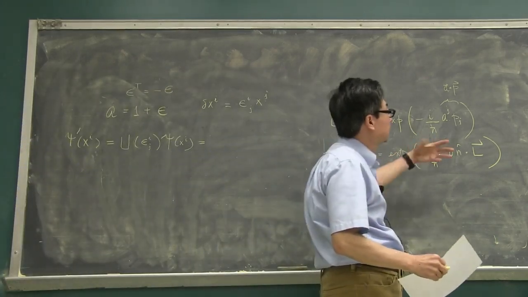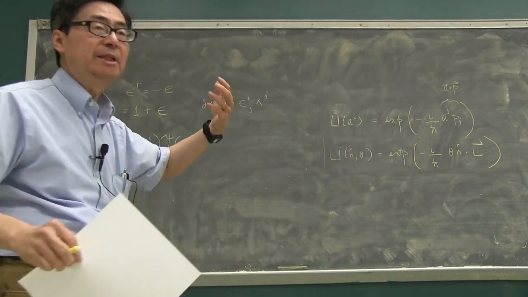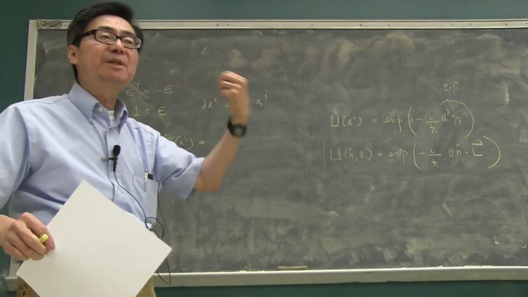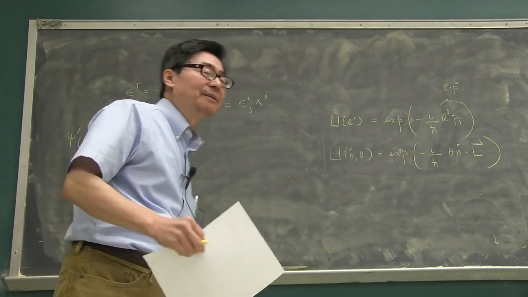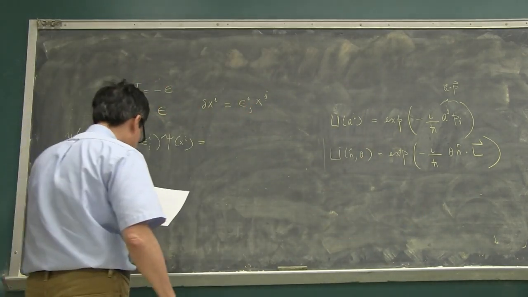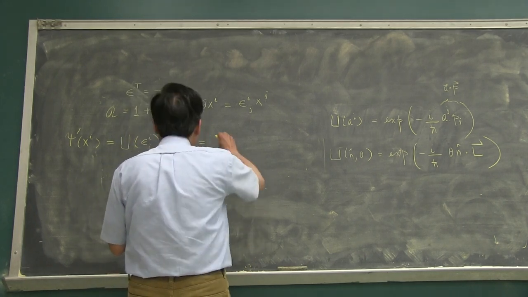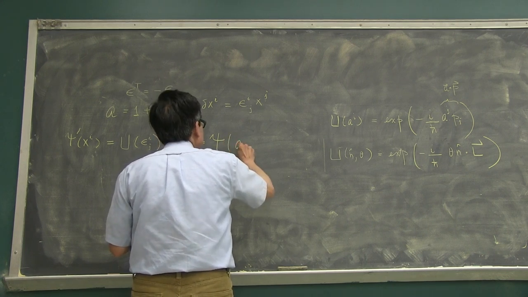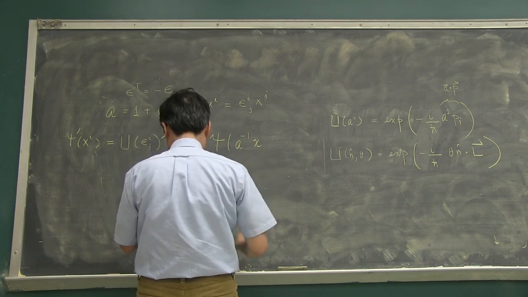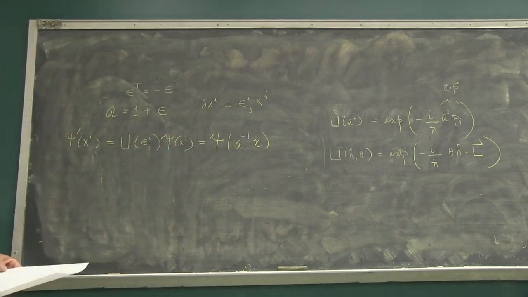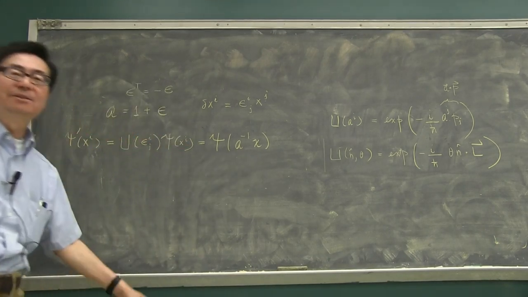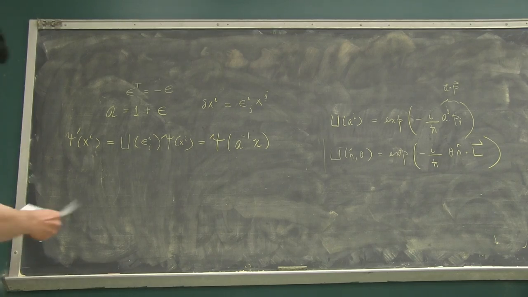Just as we had a minus sign over here, psi prime in the translational case is equal to psi prime at x is equal to psi at x minus the translated amount. So we're going to write psi prime at x is equal to psi at the inverse transformation of x, like that. Okay? So this is the analog of x minus epsilon. It's the inverse rotation, acting on the original coordinates x in here.